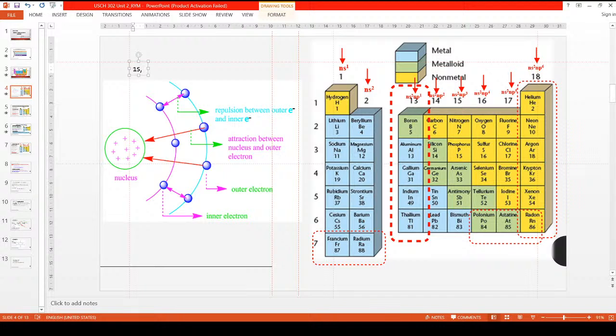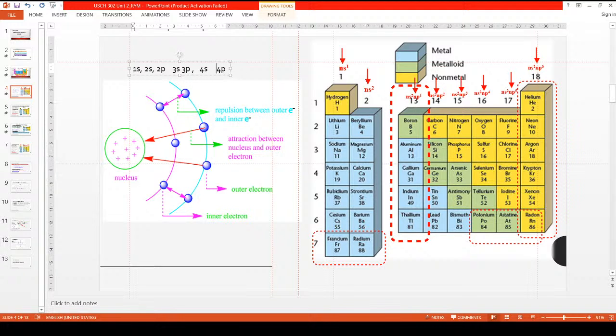The only exception is the first shell, where there is no p orbital. The second shell starts with 2s orbital and ends with 2p orbital. The third shell starts with 3s orbital and ends with 3p orbital. Then the fourth shell starts with s orbital and ends with p orbital.